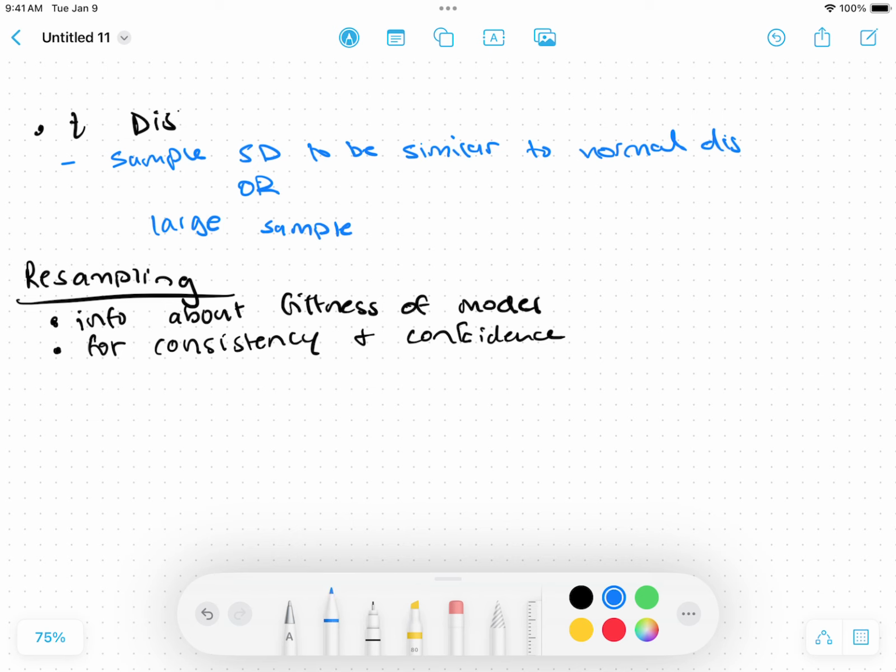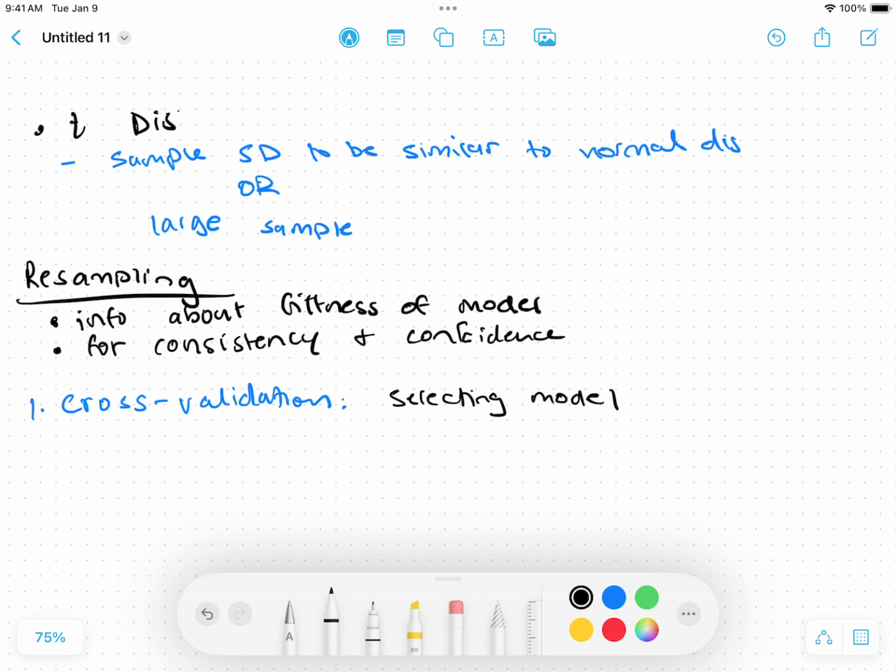Okay, there are two different methods that I want to talk about. So the first method is called cross validation, and basically it's used for selecting the model.